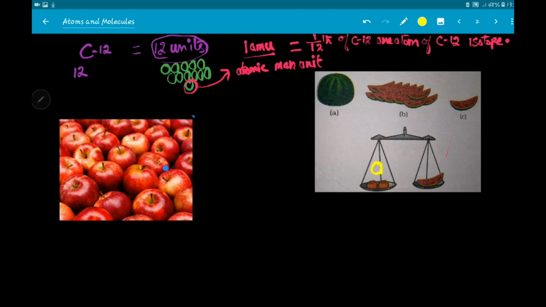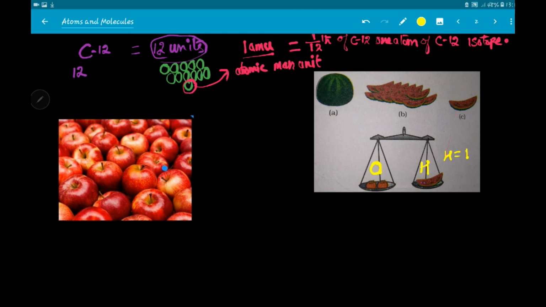Out of 12 units, 1 unit you have taken, and we take hydrogen. When we compare the mass of 1 unit of carbon with hydrogen, it was found that the mass of 1 unit of carbon was equal to hydrogen. Therefore, hydrogen had a mass approximately equal to 1 unit.